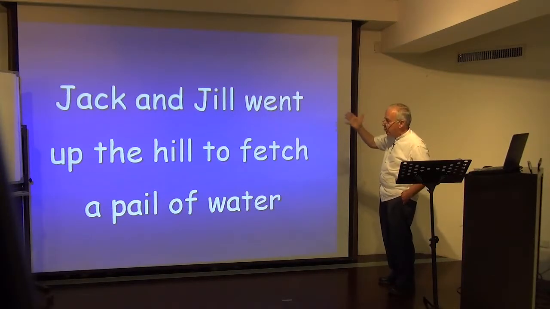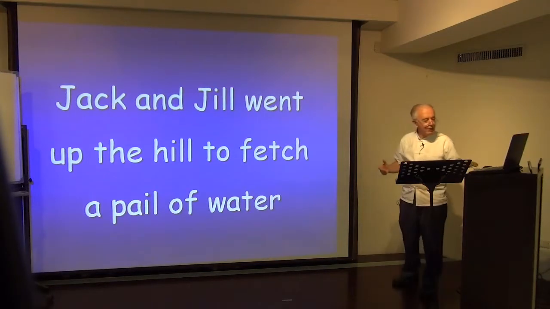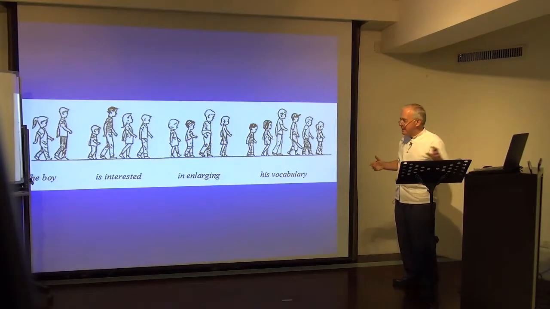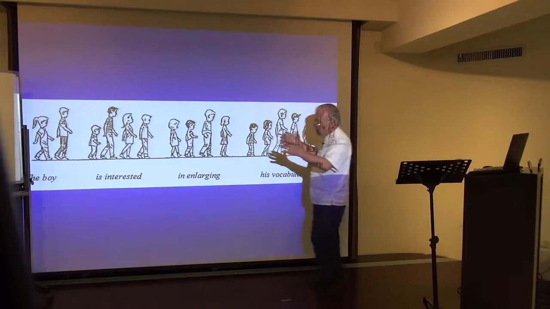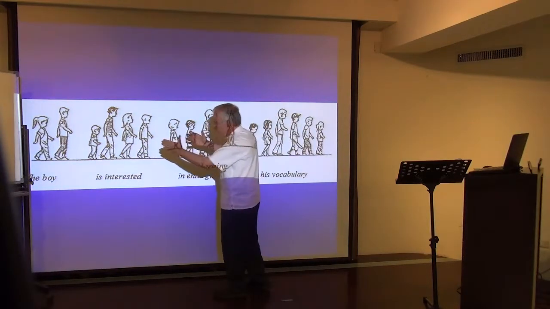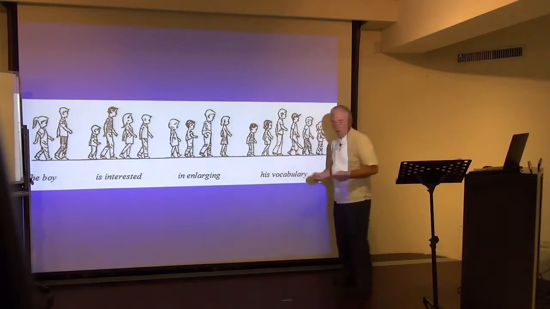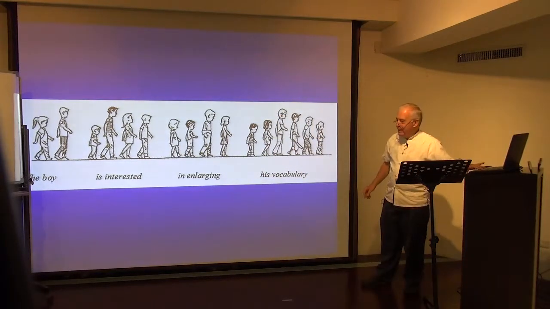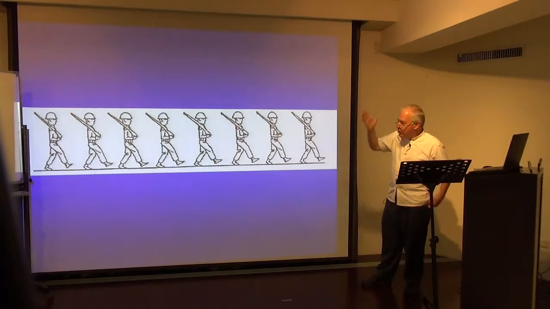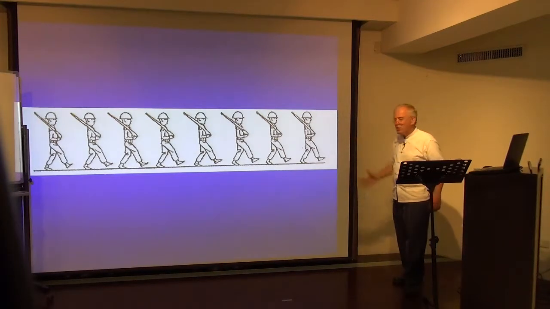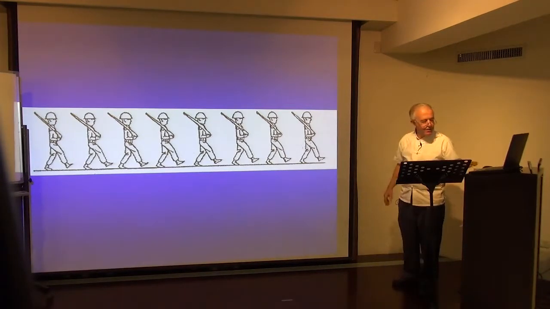Jack and Jill went up the hill to fetch a pail of water. And we can look at it like this. English, stress time, groups words together. The boy is interested in enlarging his vocabulary. Where Chinese syllable time is more like soldiers marching, an equal emphasis.